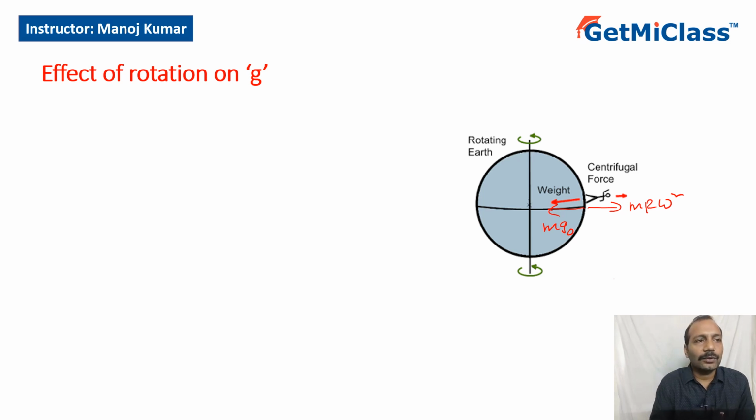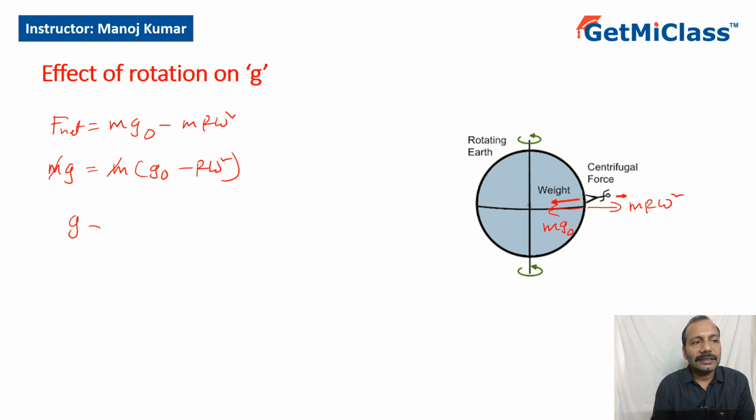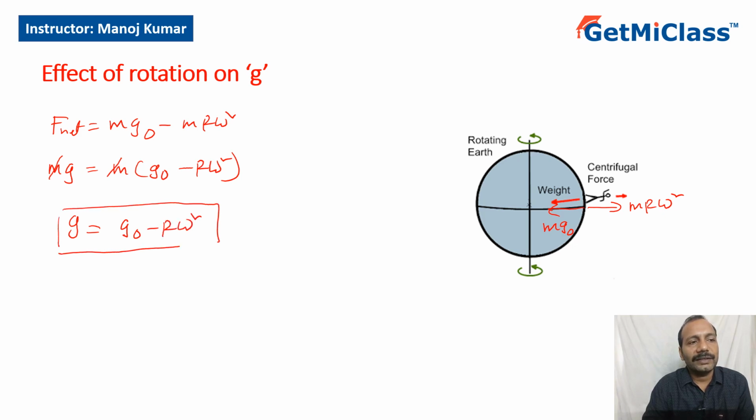So the net force towards the center of Earth would be m g naught minus m R omega square. If I take g to be the effective acceleration due to gravity, I can write m g equal to m into (g naught minus R omega square). I cancel m, so the effective acceleration due to gravity on the equator is g naught minus R omega square. So we can see that the acceleration due to gravity is slightly less than the actual value due to the rotation of Earth.